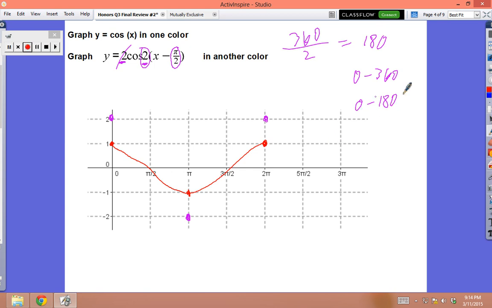So that means this dot right here needs to be scooted over to 180. This dot's going this way, because that's my ending point now. And this dot needs to be scooted over to 90. So I'm scooting this dot. Now I'm going to erase those dots.